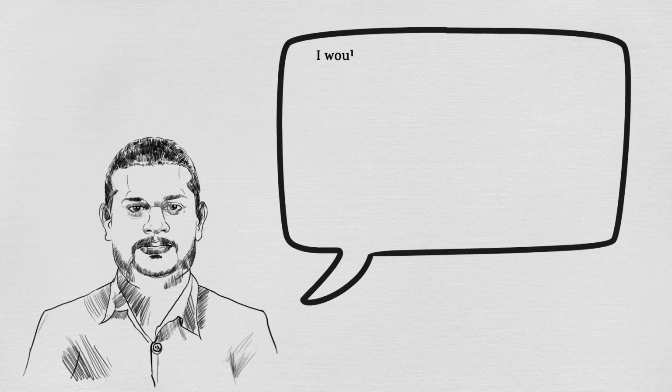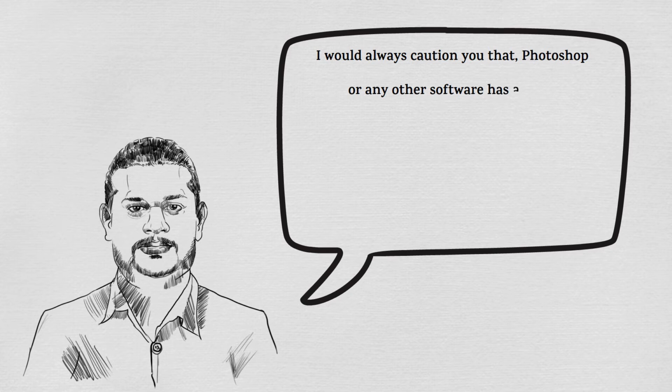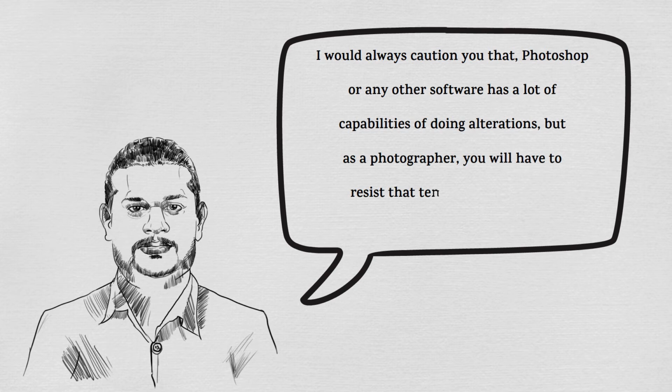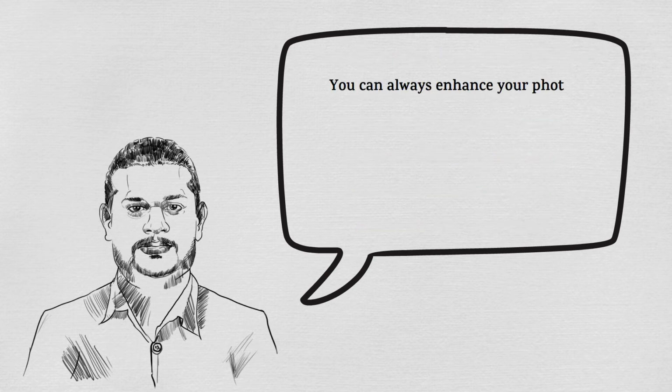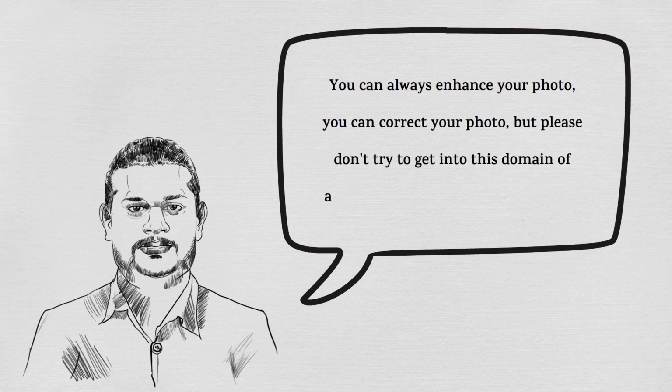So I would always caution you that Photoshop or any other software has a lot of capability of doing alterations, but as a photographer, you will have to resist the temptation of getting into this domain of alteration. You can always enhance your photo, you can correct your photo, but please don't try and get into this domain of alteration because it is very addictive.